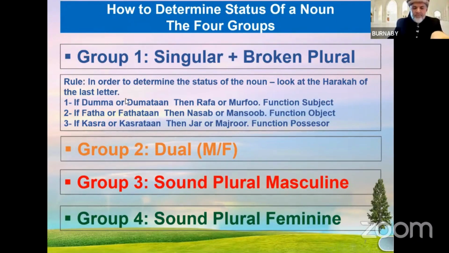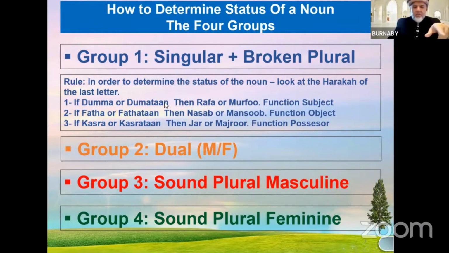So rule number 1, in order to determine the status of the noun, look at the haraka of the last letter, in which case, when it's singular or broken plural. Are we good with this rule? Is this simple enough? This is a summary of the lecture.